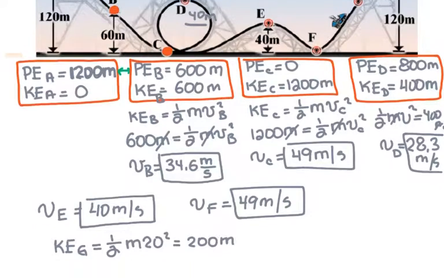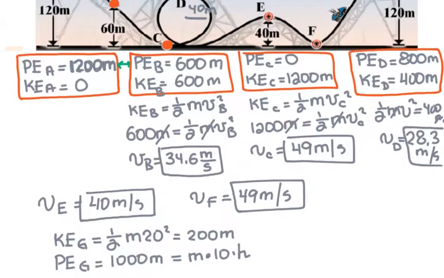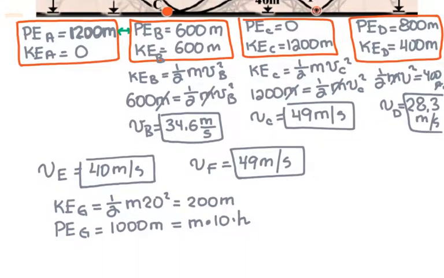And the total energy of the system should be 1200 m, so my potential energy at G is going to be 1000 m, which equals m, g, and h. I'm looking for the height at point G. The masses cancel again, so the height is 100 meters for that part.